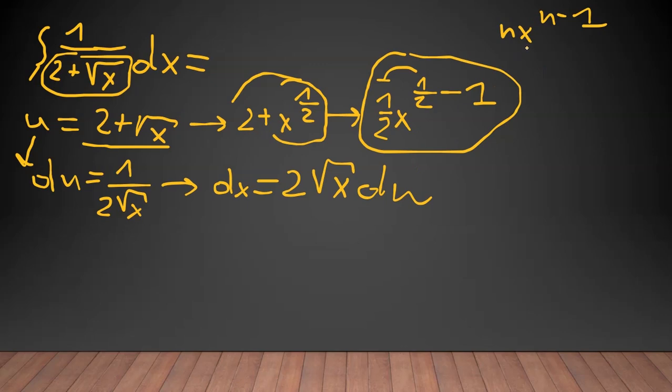So this exponent n goes before the number, and we reduce the exponent by 1. That's exactly what we did. And from this, we're going to have 1/2 x to the negative half in the exponent.